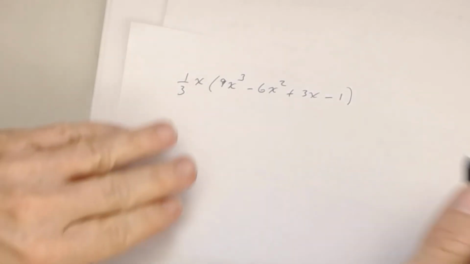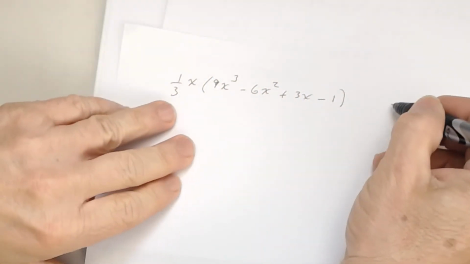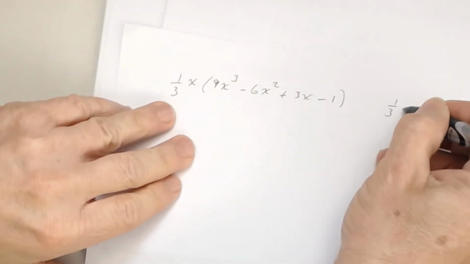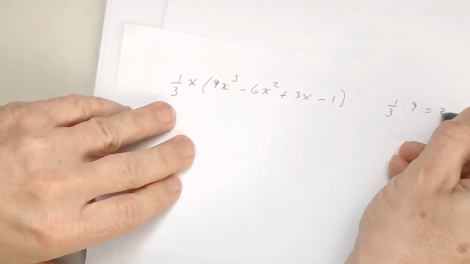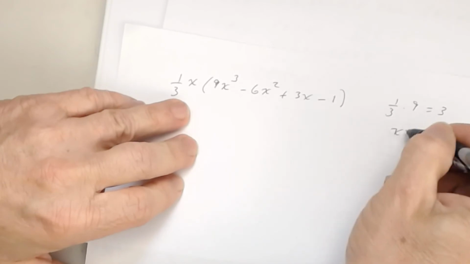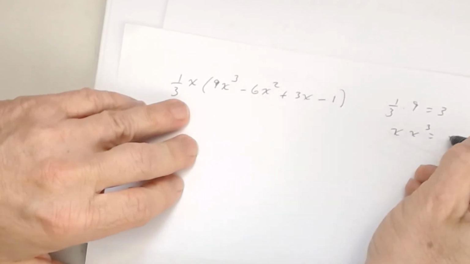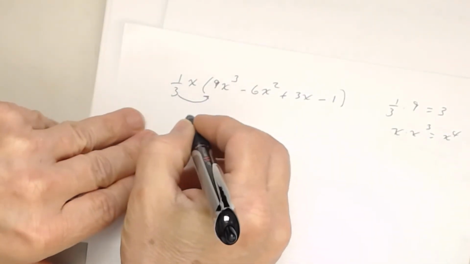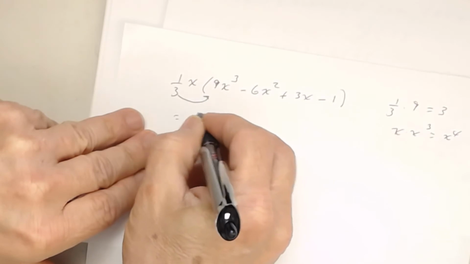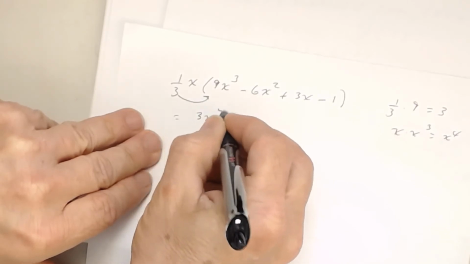So you may need to write some things out. So you have 1/3 times 9, right? What's 1/3 of 9? 3. But you also have x times x cubed. What's that? X to the 4th. So now I'm going to ask you, what is 1/3 x times 9x cubed? 3x to the 4th.